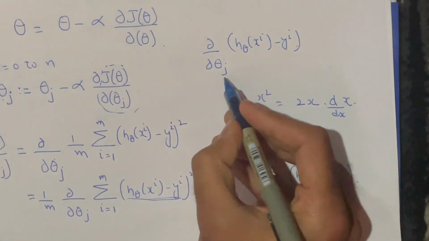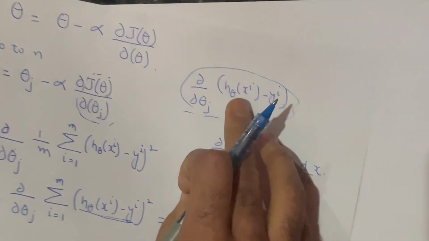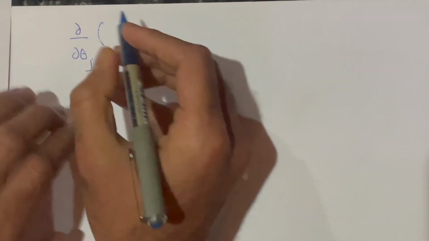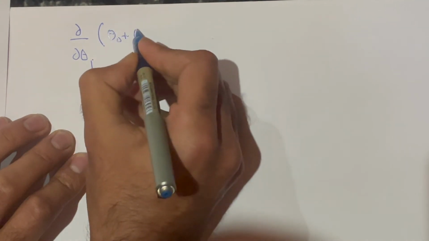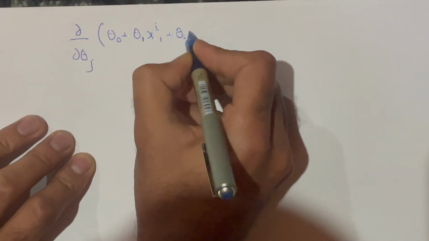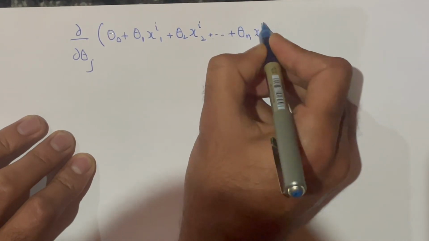Okay, now this particular part, let me write on a different page here. So differentiation with respect to theta j, this h of theta x i is equal to theta 0 plus theta 1 x i1 plus theta 2 x i2 plus dash dash dash plus theta n x in.